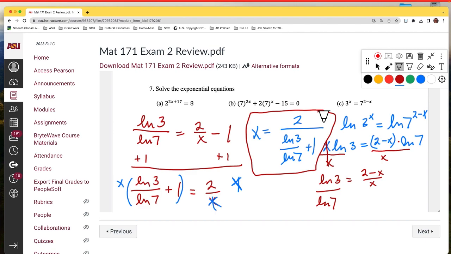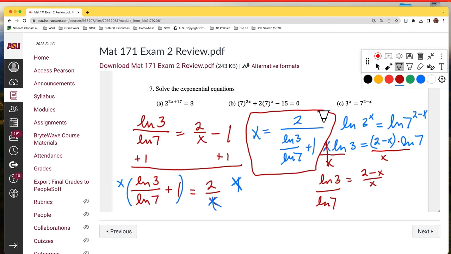And again, if they want it as a decimal, we could plug that in a calculator. If it's in one of the open answer type questions, this is the exact answer. This is as good as we can get. I'd accept just leaving it like that.